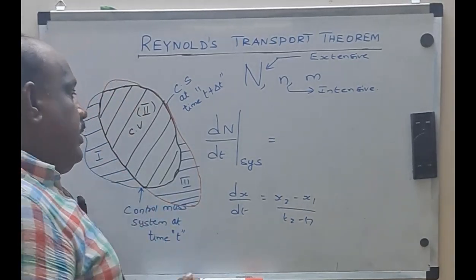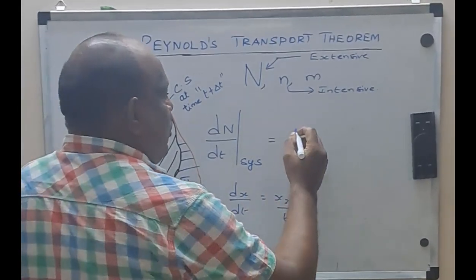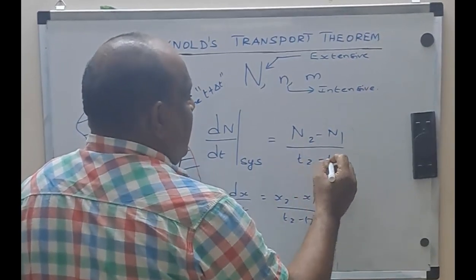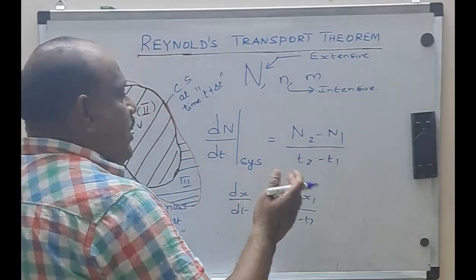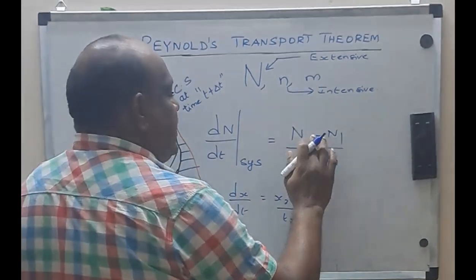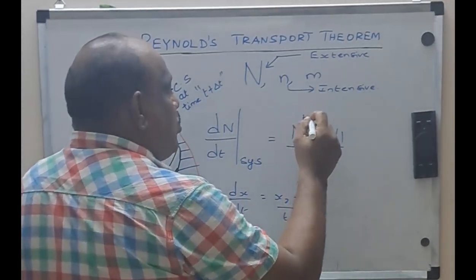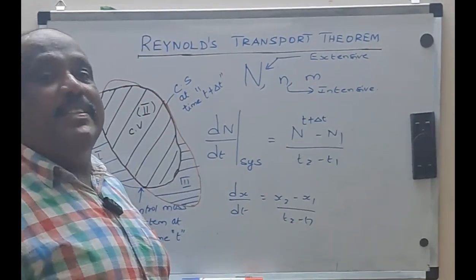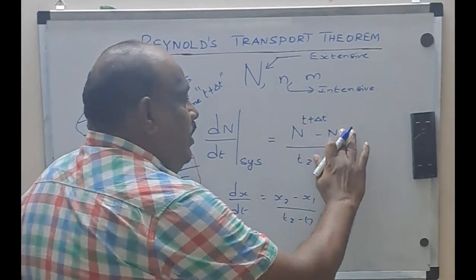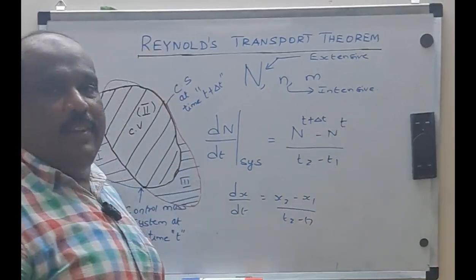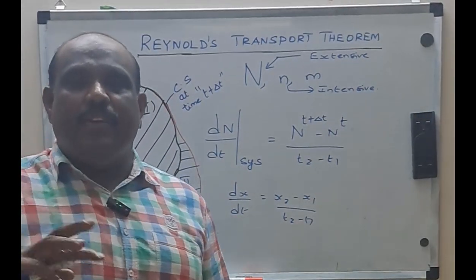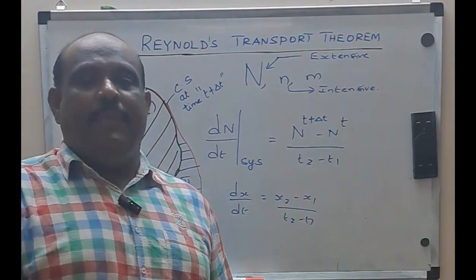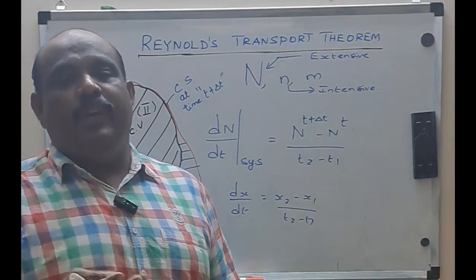How can we write it? When I asked my students, they told me it is N2 minus N1 by t2 minus t1. It is not N2 or N1. N2 minus N1 is with respect to space only. It is N at t plus delta t minus N at t. Here the difference in the control system is happening because of time, when it's moving from time t equal to t to time t equal to t plus delta t.